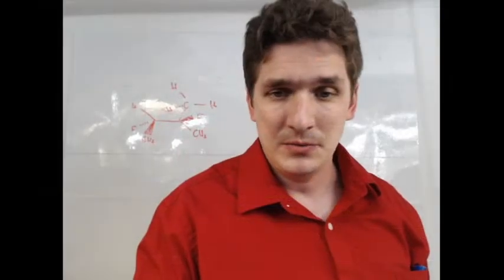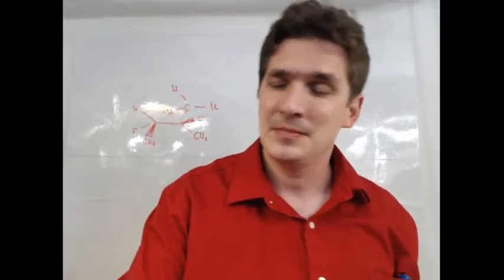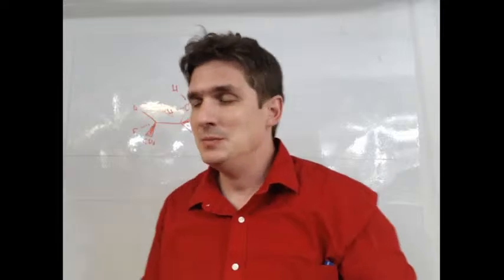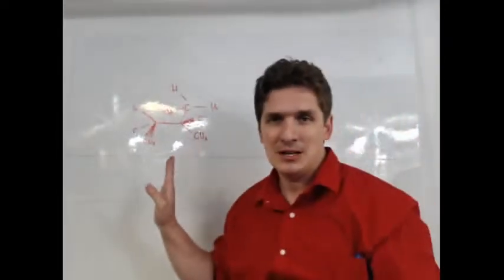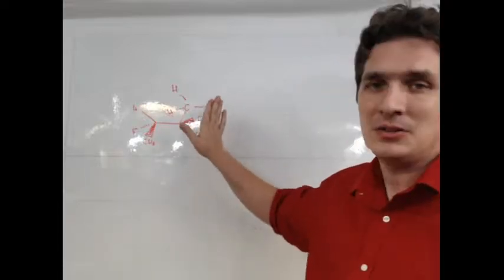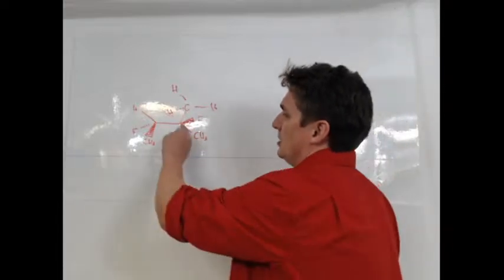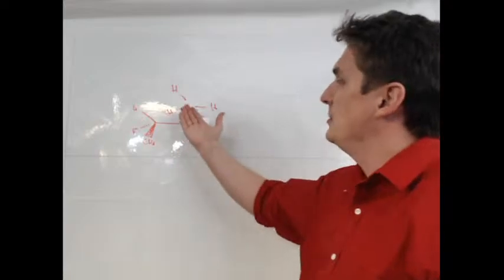The way you would approach this problem, I would highly encourage you to build the molecule. If not, you're going to have to rotate this molecule into the board along this carbon bond.